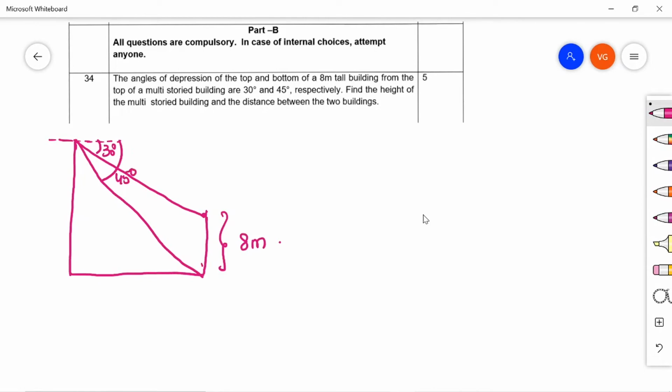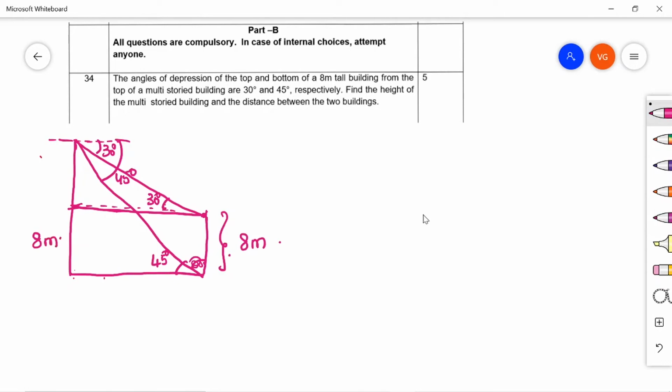So if this is 30 degree, then here this is 30 degree. If here it is 45 degree, this has to be 45 degrees. Sorry, this is 45 degree, right? So if this is 8, then if you draw a parallel line to the base, then this will be 8 meter.